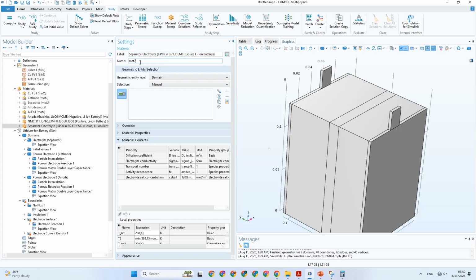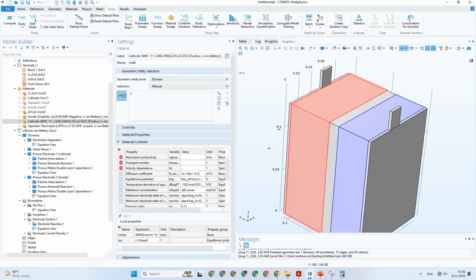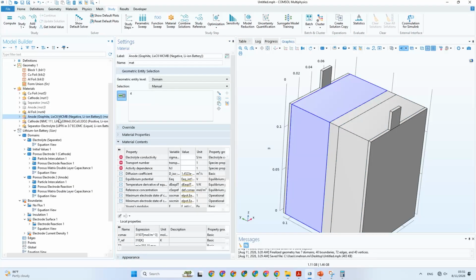Nice. And it must be electrolyte. NMC, it must be cathode. It must be cathode, okay. And also this must be anode, okay.